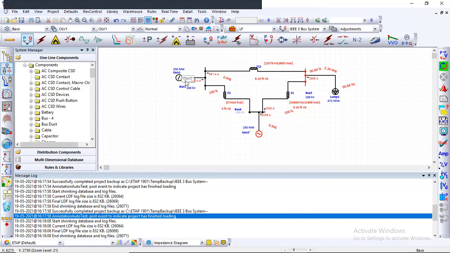And how much ampere is provided from this generator to the bus bar can also be found this way, and the particular ampere that flows out to lump load one can also be shown this way. So if you're not interested in seeing the ampere rating, you can change it, and the kVA and ampere ratings can appear in particular aspects.